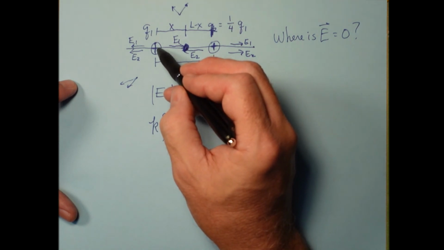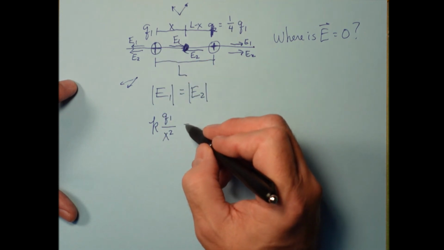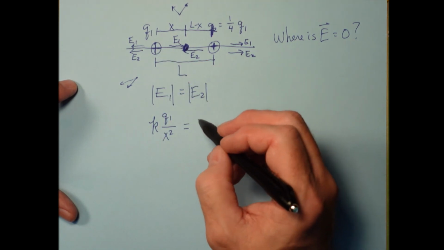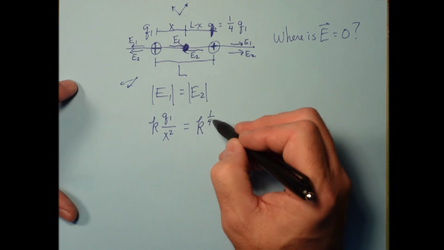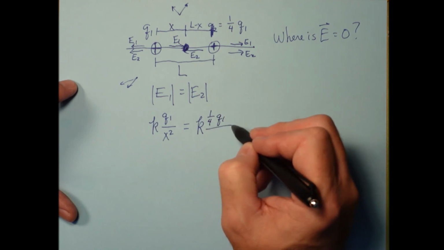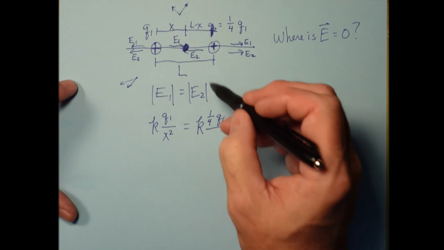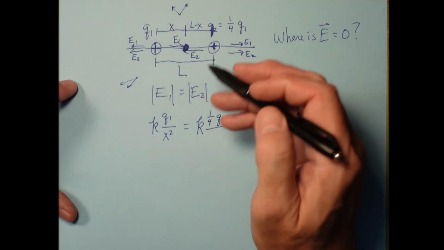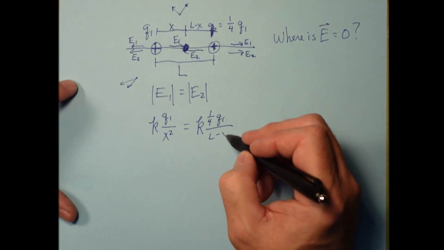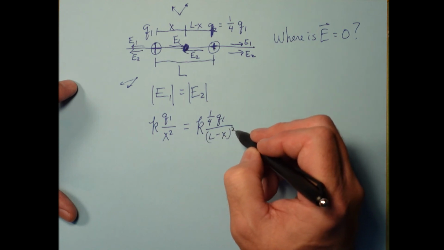That's the electric field due to Q1. Then the electric field due to Q2 is going to be k Q2, but instead of writing Q2, let's just write 1/4 Q1 divided by the distance that point is away from Q2. And that distance is (L minus X) squared.